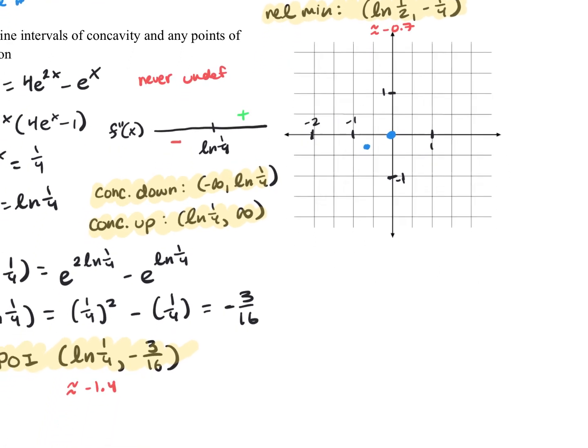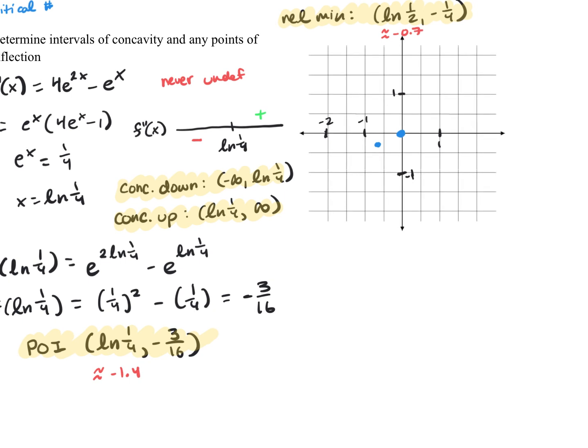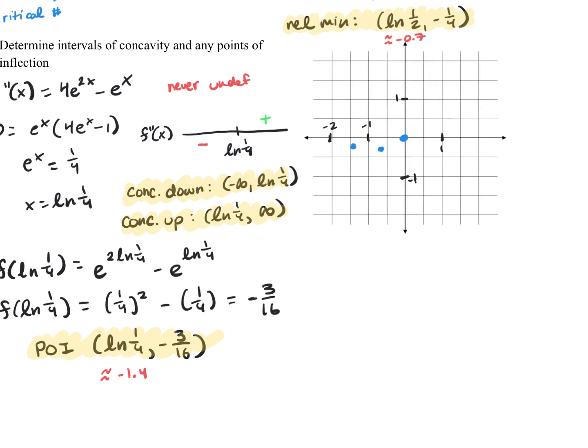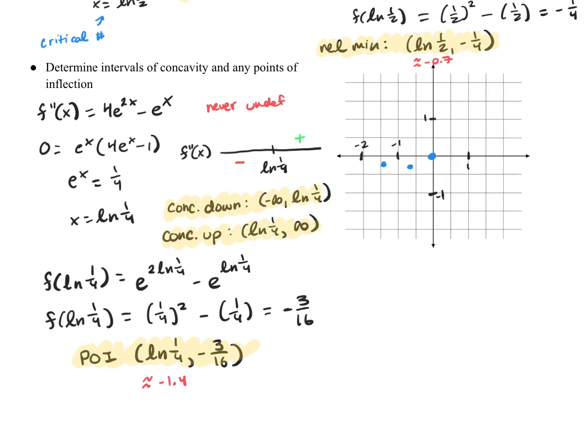And then our point of inflection would be somewhere maybe right here. Just kind of have to do your best to estimate. And then we can also look at our concavity. So again, we're going to be concave down in this region here until we hit our point of inflection, which is right here, in which case we're going to be concave up from here on out.